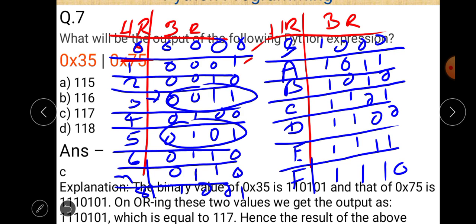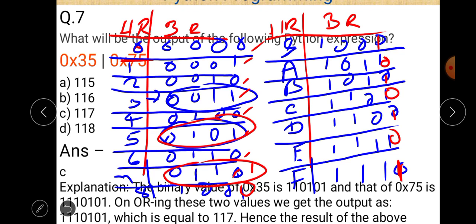So the representation of 7 is 111, and the representation of 5 is 101.